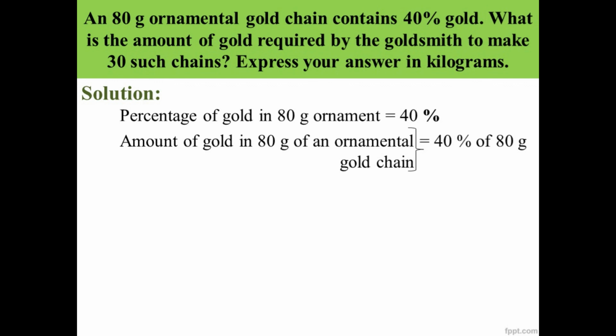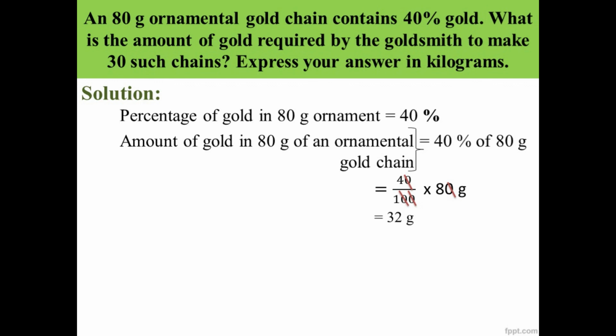So you have to convert 40% to 40 by 100 into 80 gram. On cancelling, there are 2 zeros in the denominator; you cancel them with 2 zeros in the numerator. Therefore, the remaining number is 4 into 8. The answer is 32 gram.